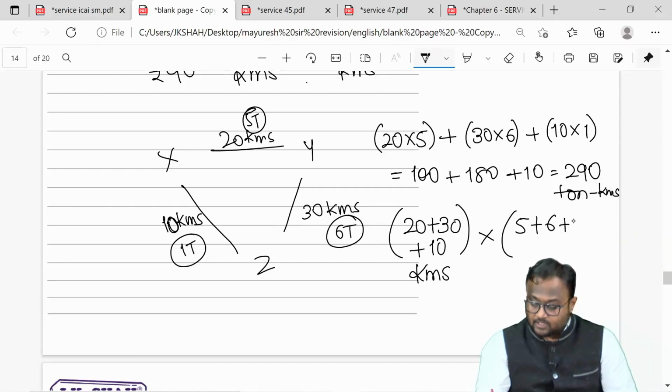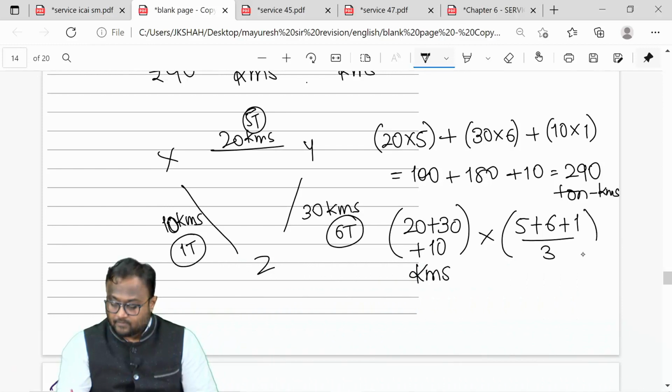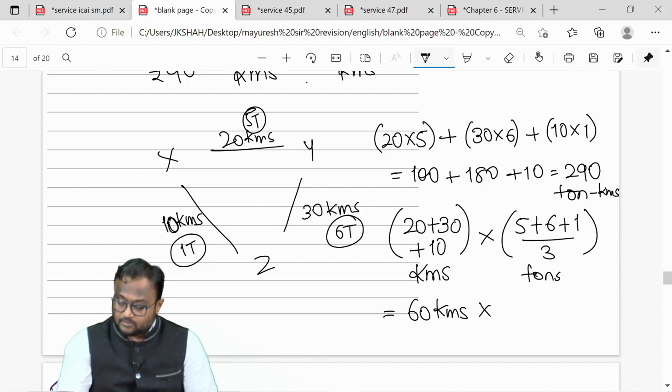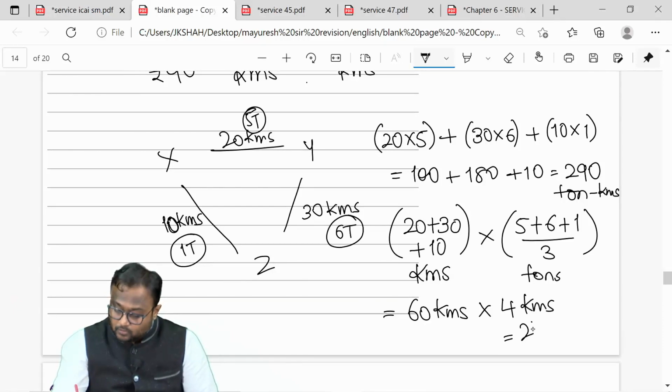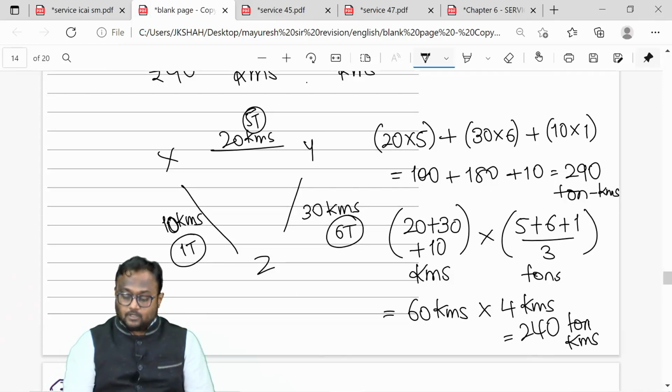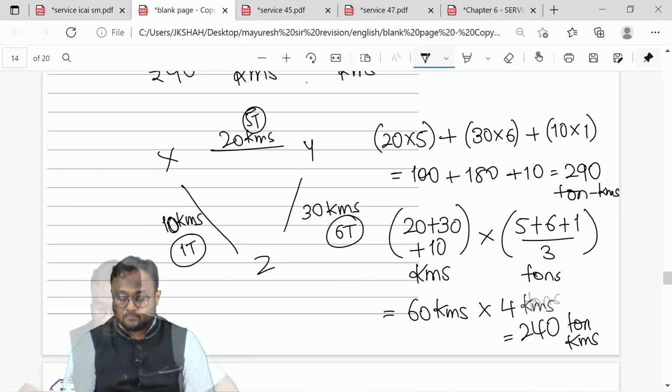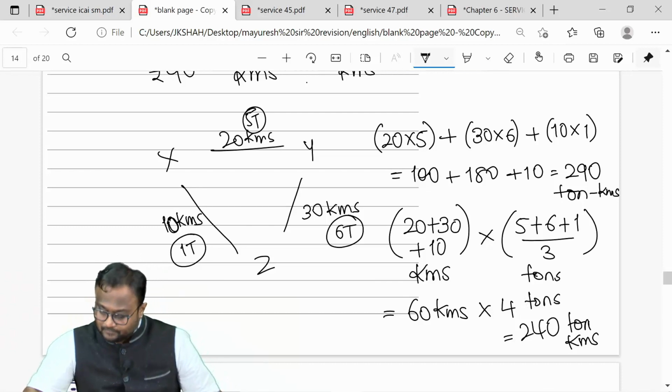Five plus 6 plus 1 upon 3. 60 kilometers into 4 is 240 ton kilometers. 20 plus 30, 50 plus 10, 60 kilometers you are carrying on an average. So 4 tons.